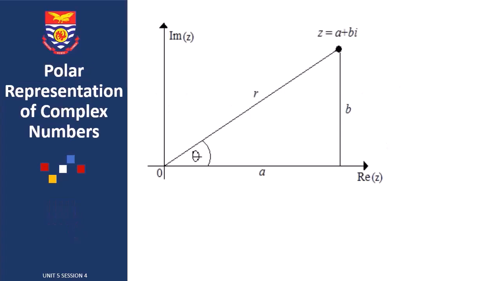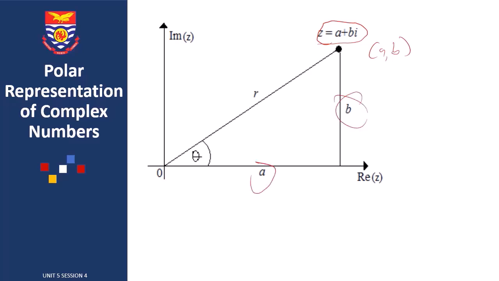Okay, so the graph above represents a complex number on the OXY plane. We know that every complex number is represented as Z equals A plus BI. It can be represented as the point (A, B), so we have A here and B here.